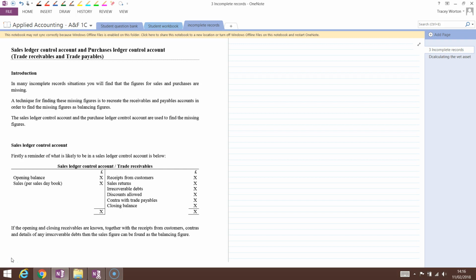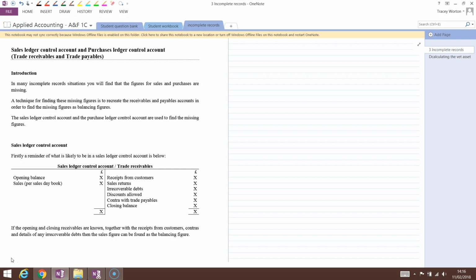If there's any sales returns, again this will reduce the sales figure. If there's any irrecoverable debts, so that customers have gone bankrupt, etc., then this will be a credit entry. If we've allowed our customers to settle at a slightly lower amount due to an agreement, then discounts allowed will reduce our sales ledger control.